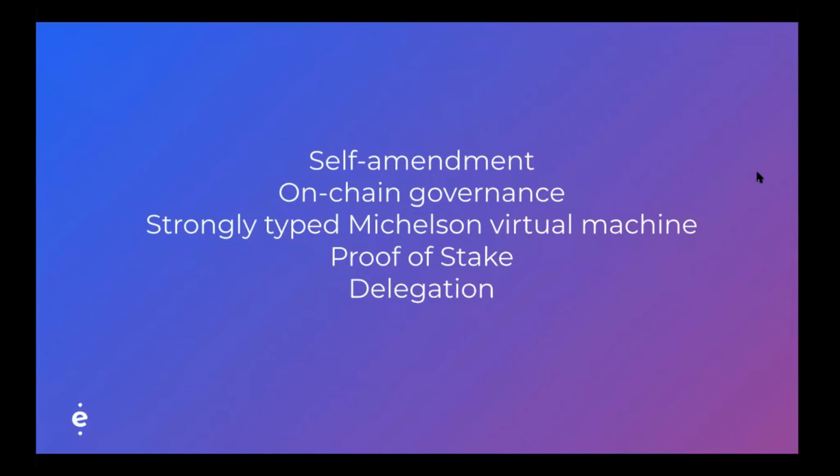I've already talked about this idea of self-amendment, which we'll talk about later. Governance is such an important thing. I think if you look at the DAO movement now, and if any of you don't know what a DAO is, it's a decentralized autonomous organization, trying to build a company, a structure, an organization purely out of code.